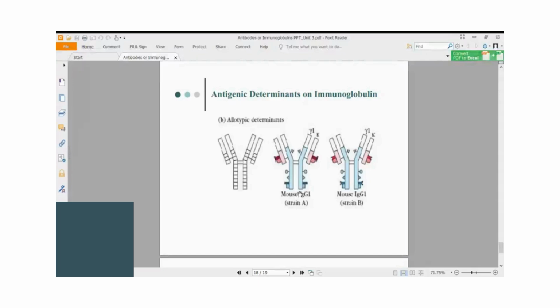Now, how does this minor difference in the amino acid sequence make a difference for the antigenic determinants? You just note down or try to understand. Let me spell out a few amino acid sequences just arbitrarily. Say, for example, in the CH2 domain of the IgG1 class, let us say one sequence is asparagine, glutamic acid, leucine, threonine, and lysine.